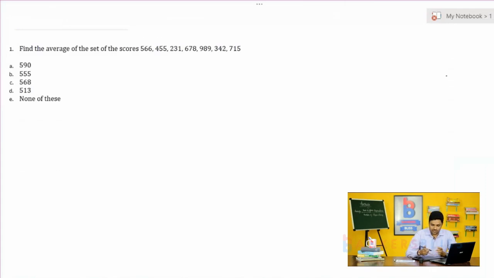So in this case, go for the formula method. What does the formula say? The formula says average is equal to sum by n.